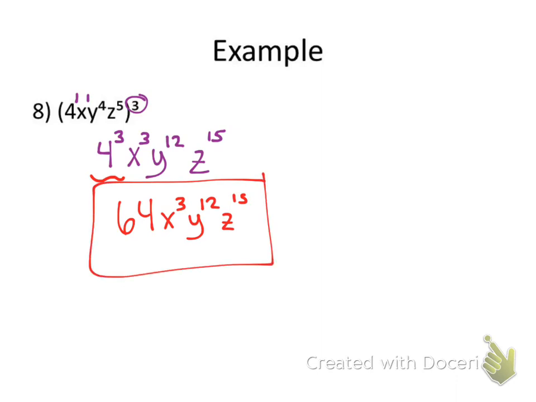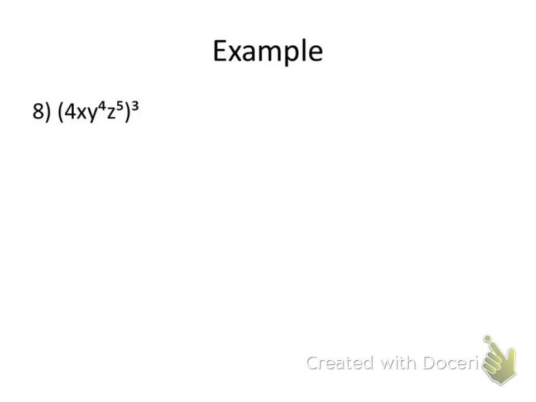All right, we're flying through these. You good? Here's number 9. All right, what should I do first? Give everything an exponent and multiply each of those exponents by 4.